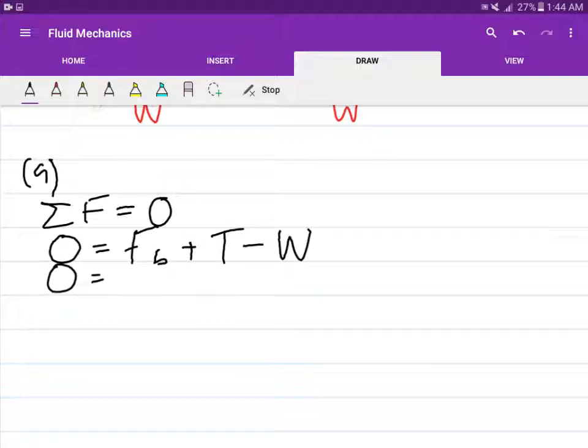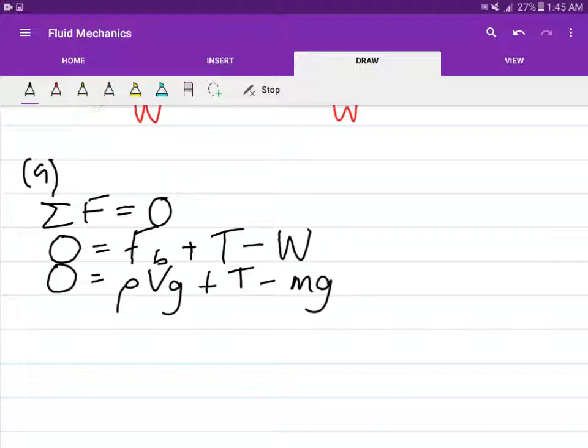So what is the buoyant force acting on the object? If you would recall, buoyant force is equal to the density of the fluid times the volume that the object displaces on the fluid times g, and then plus tension minus mass of the gold statue times g.